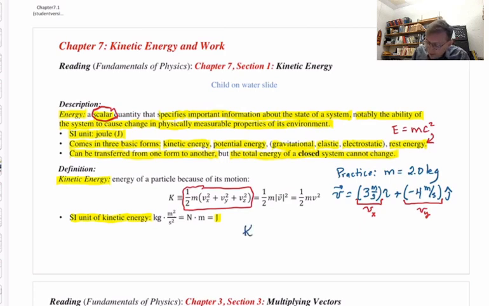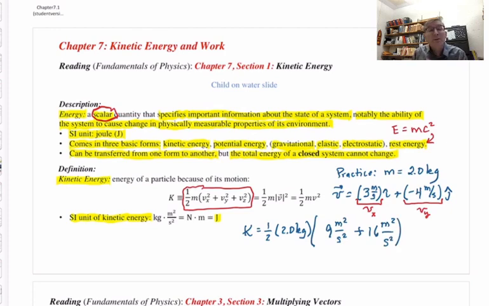So K equals 1/2 m, 2 kilograms, times Vx squared. Well, Vx is 3 meters per second, so squaring that is 9 meters squared per second squared, plus Vy squared. Well, Vy is negative 4 meters per second, so you square that. Of course, it's positive 16 meters squared per second squared. Note, kinetic energy can never be negative, ever.